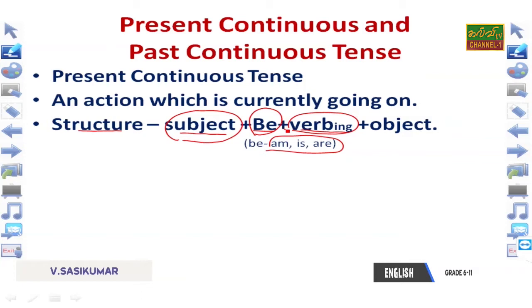So for an example, if I write subject as example, Kamala. So subject is okay. Then what will you do? What will you write there?